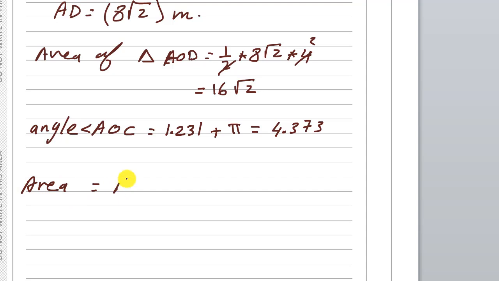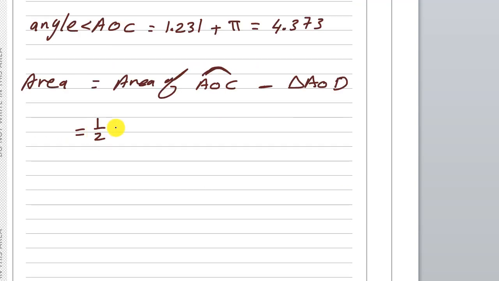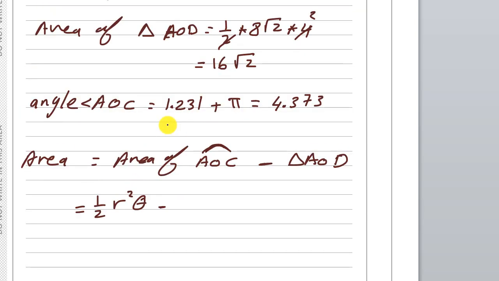Now the area is equal to the area of sector AOC minus triangle AOD. That is half r squared theta minus the area of the triangle, which is 16 square root of 2.